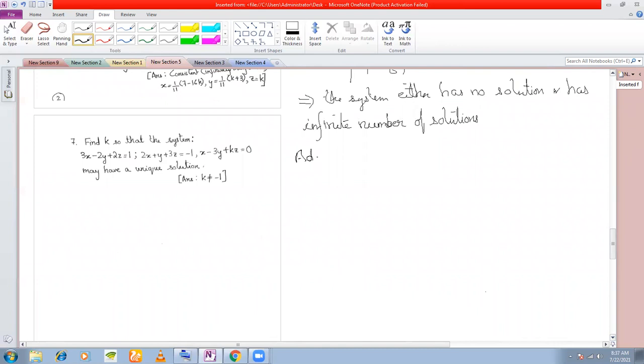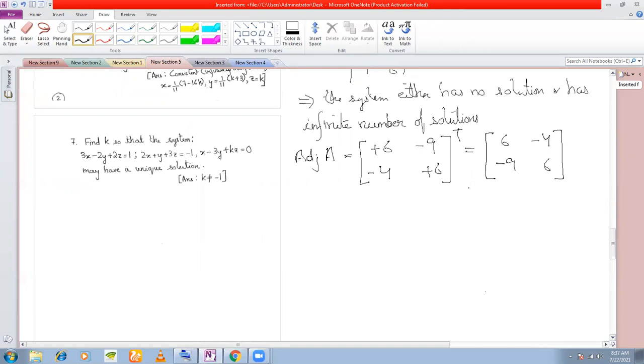Adjoint of A is equal to the matrix +6 -9, -4 +6, transposed, which is equal to 6 -4, -9 6. This is the adjoint of A.